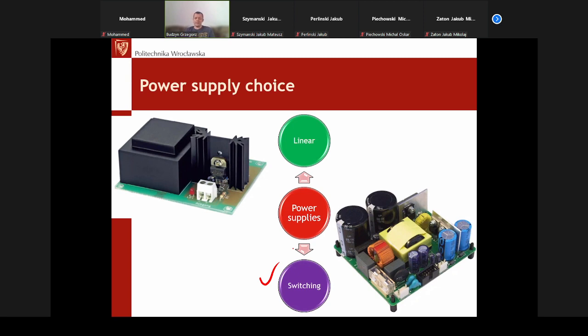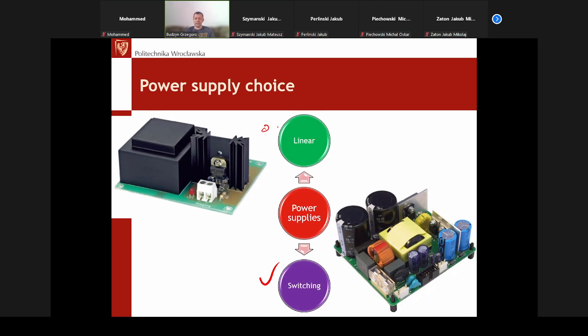From a practical point of view, the linear power supplies have some advantages, maybe not a lot. And the major one, in case of prototypes especially, is their simplicity. They are of course heavy because of the transformer itself, but they are simple.